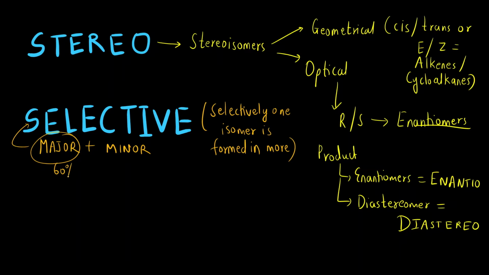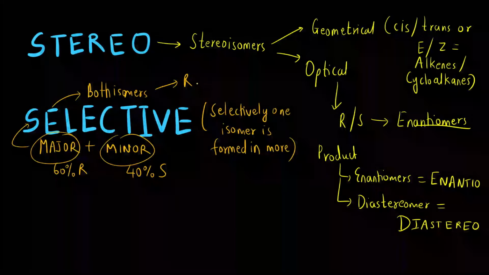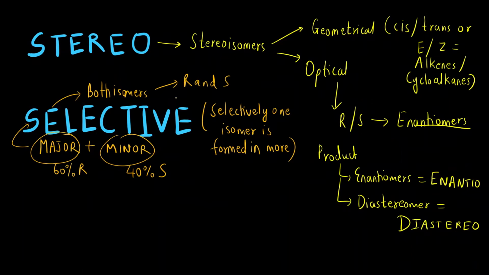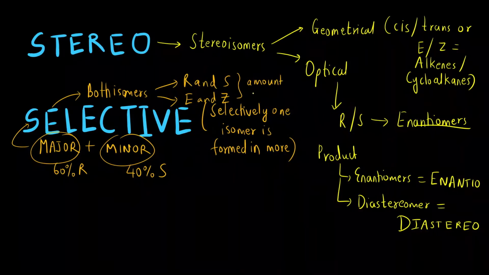Let's say 60% is formed R, R enantiomer formed is 60% and the remaining 40% is S. But the important thing to be noted is both the isomers are formed. R will also be formed and S will also be formed. Similarly, E will also be formed and Z will also be formed in case of diastereomers, but the amounts are different. One is major and another is minor.